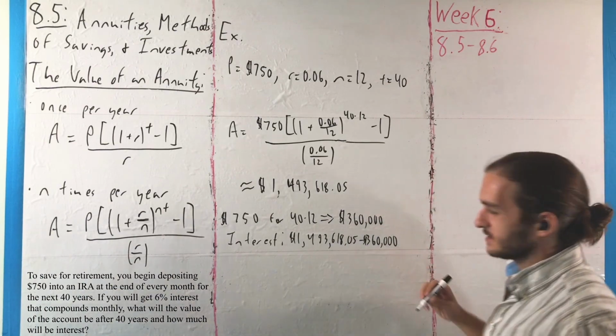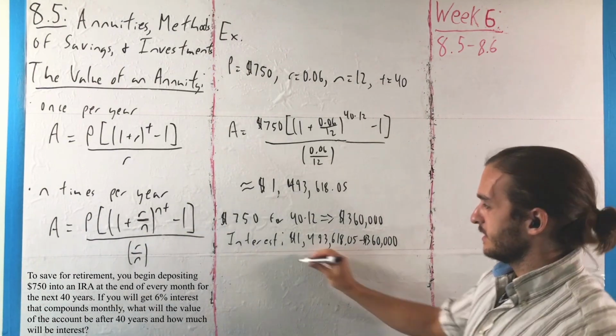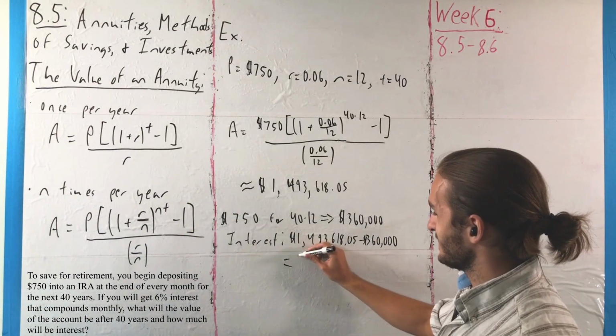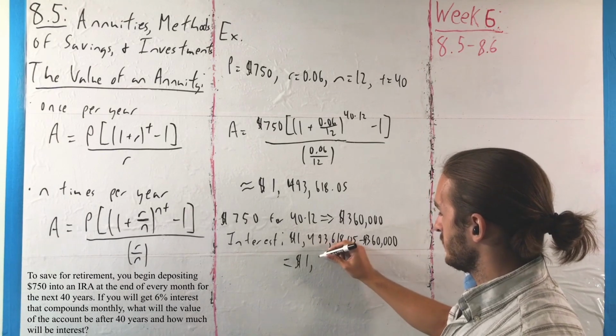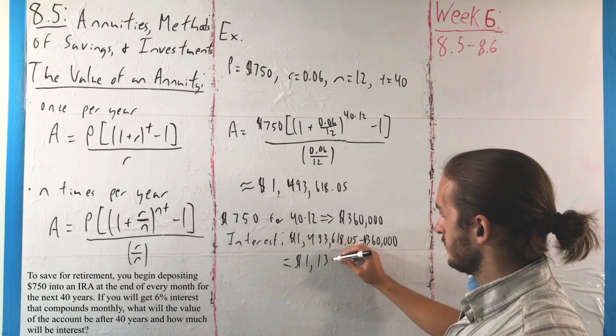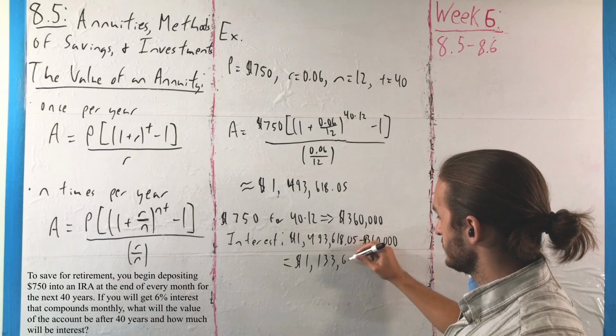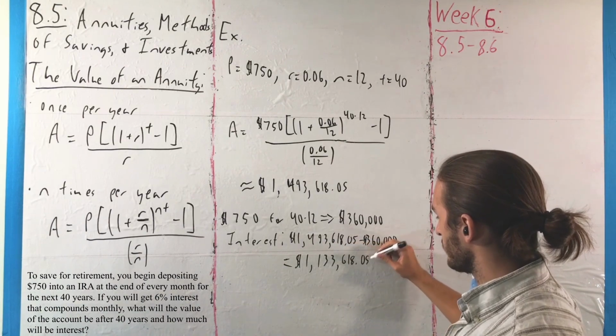I'm running out of space again. I keep doing that. These numbers are very big. That would end up being $1,133,618 and that all-important nickel.